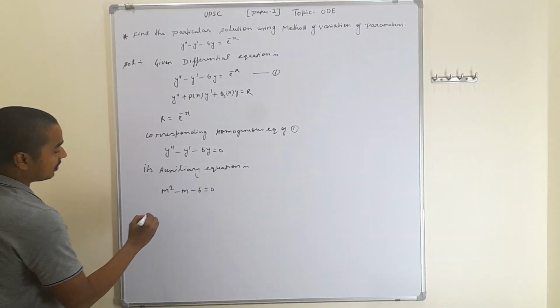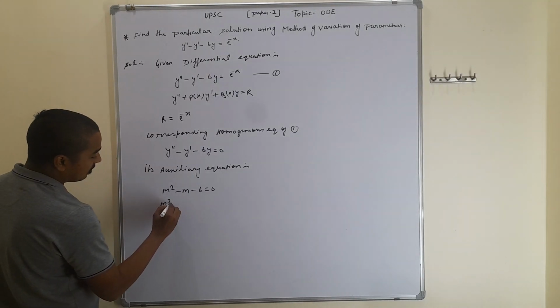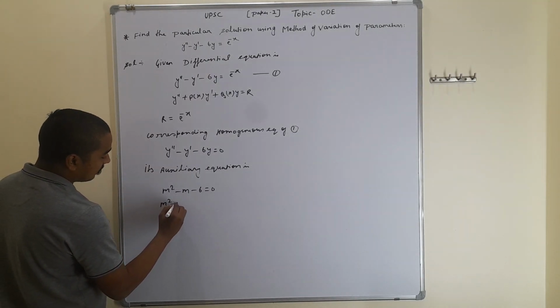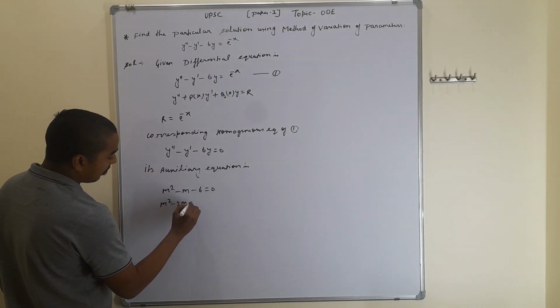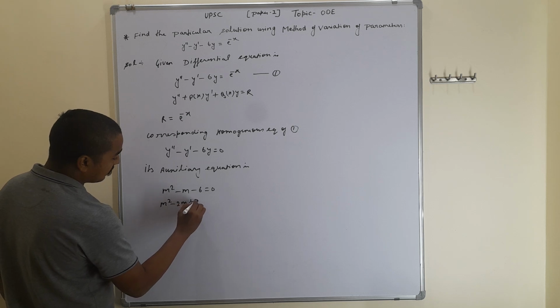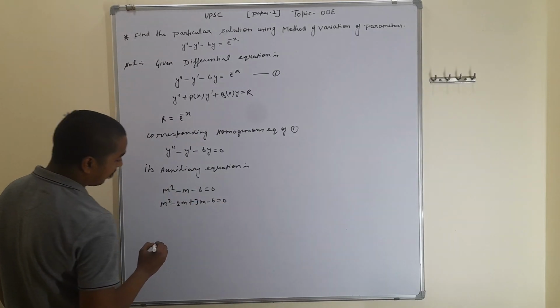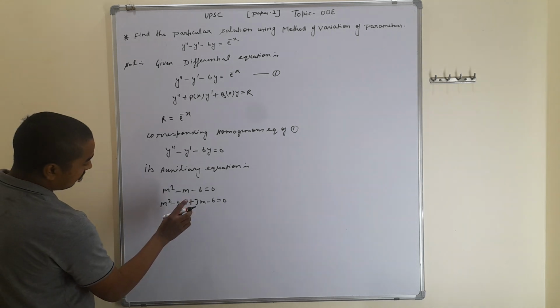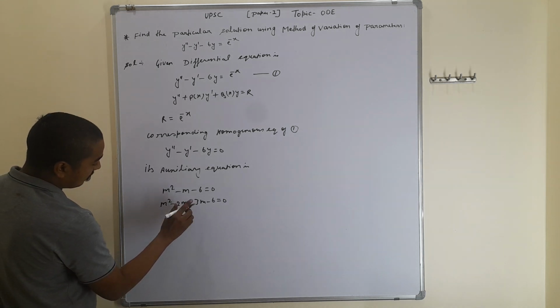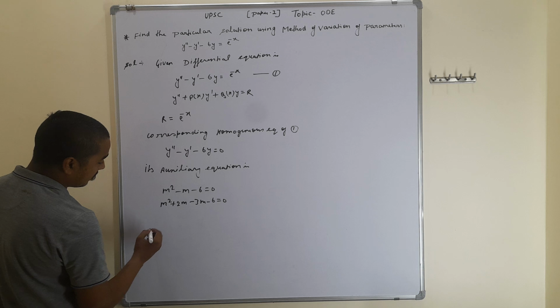On factorization, that is m square minus 2m plus 3m minus 6 is equal to 0. This is minus and this is plus.